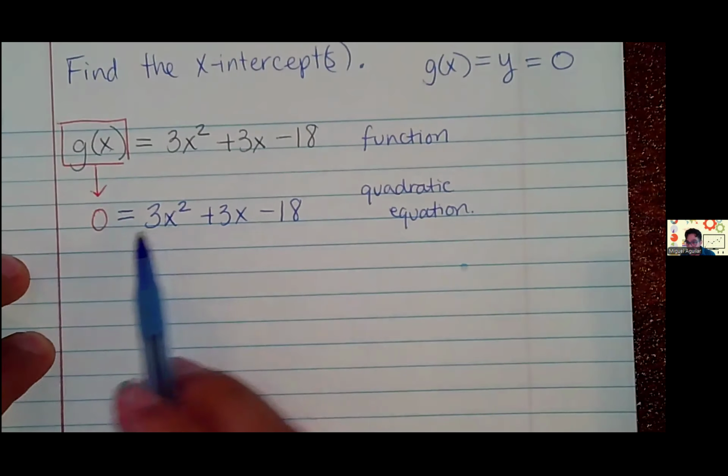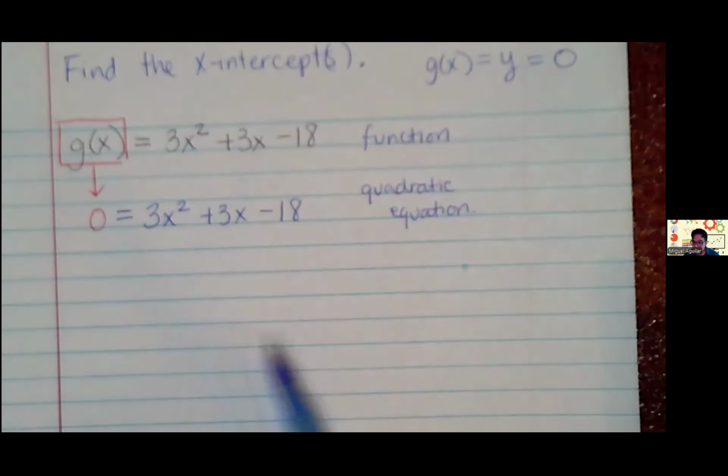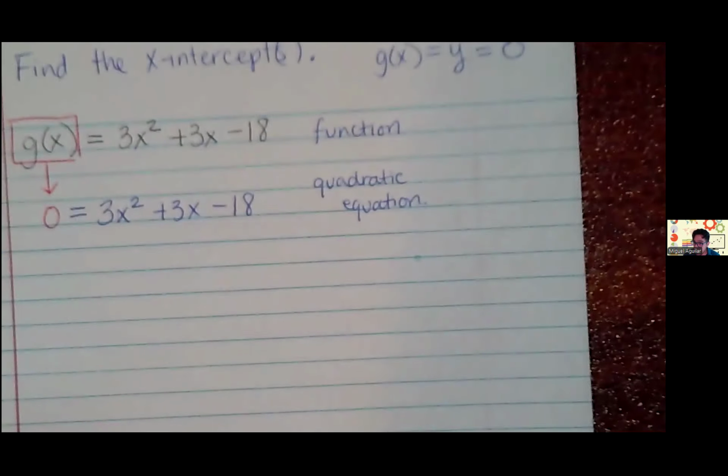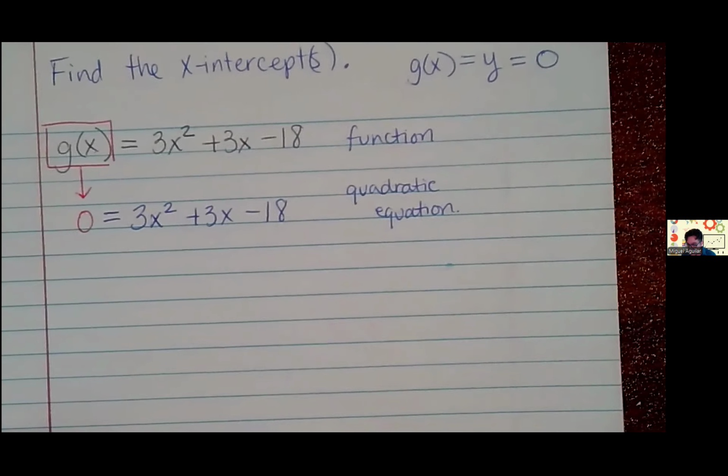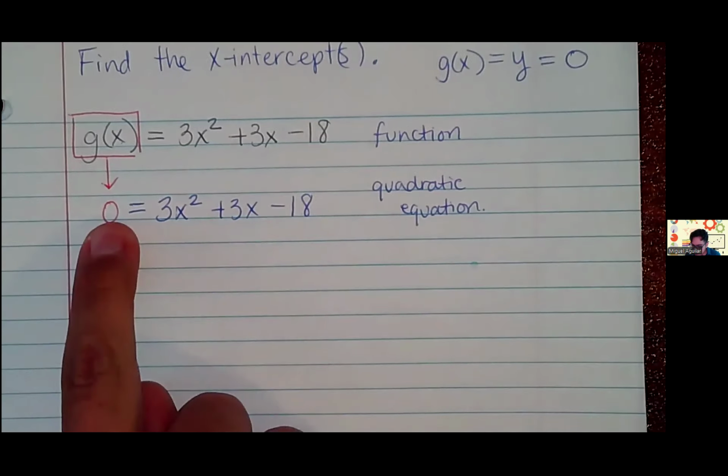Okay, and do you guys remember how to solve a quadratic equation? Yeah, there we go. Any ideas what the first step might be? And don't freak out just because the zero is on the left-hand side.